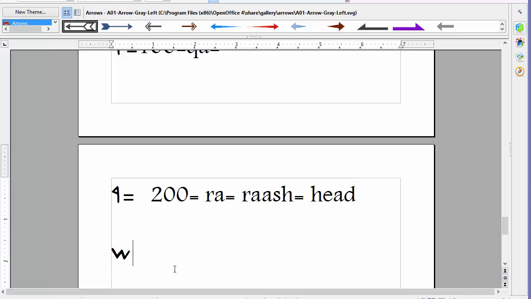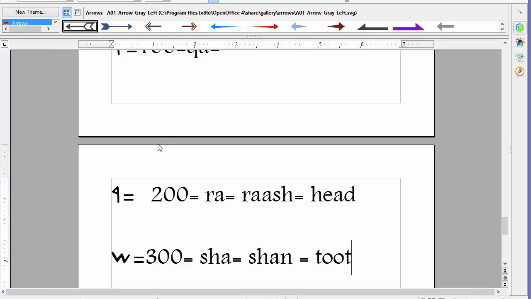All right. The next letter on the list is the Shah, numerical value 300, pronunciation Shah, and it comes from the Hebrew word shun, which means tooth. And if you look at a tooth, this looks like the bottom of the tooth when they pull it out.